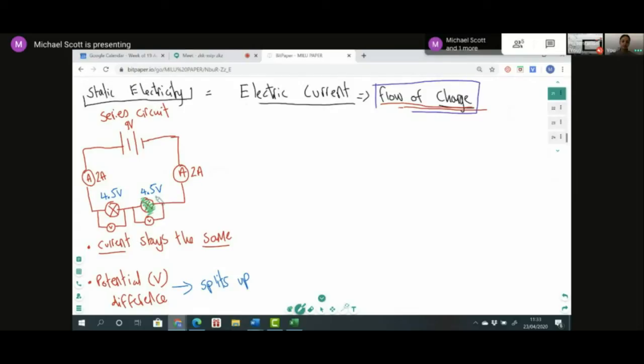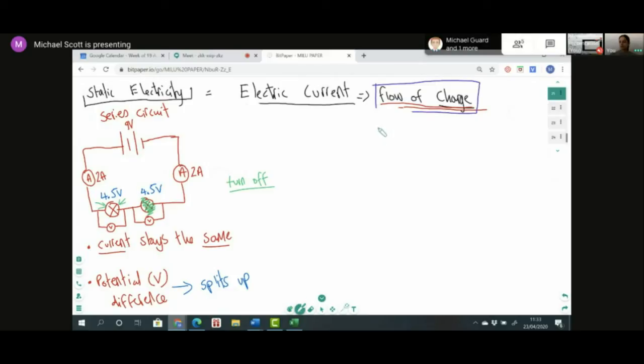Well, it would cause the second light bulb to turn off straight away. The reason that light bulb would turn off is because you've now created a gap in the circuit. And remember, in order for charge to flow, the circuit has to be complete.